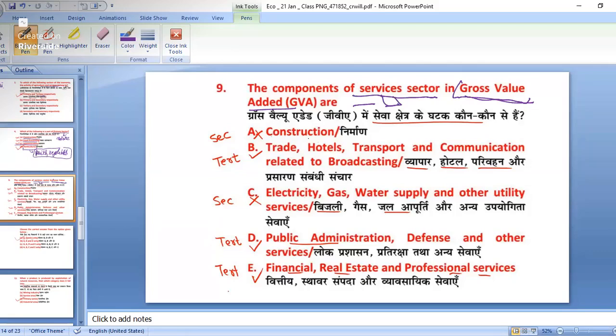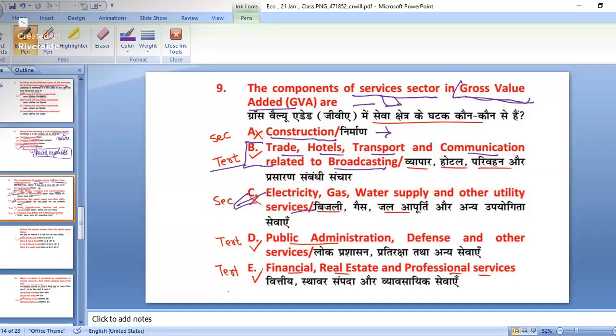Construction is related to the secondary sector, which has manufacturing activities. The second option has trade, hotels, transport, communication related to broadcasting. All these come under the tertiary sector. Electricity, gas, water supply, and other utility services come under the secondary sector.